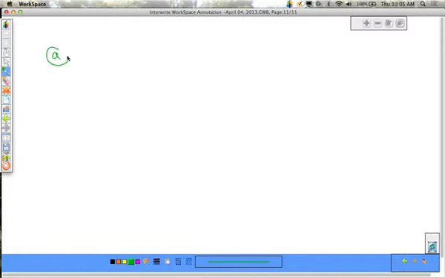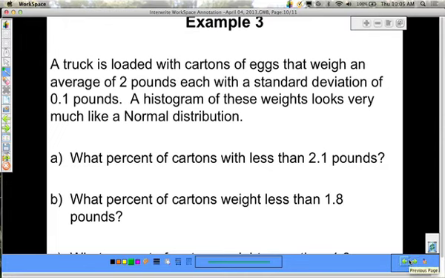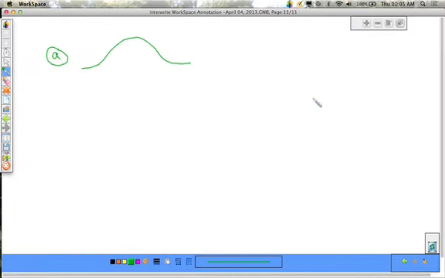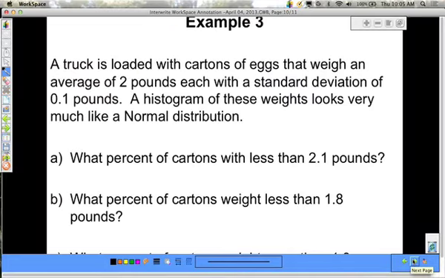So the first thing, we're going to draw a picture. So here's our curve. We know the mean is 2. And our standard deviation was 0.1. So we could go out our 3 standard deviations: 1.9, 2.1, 2.2, 2.3, 1.8. And we want to know what percent of cartons weigh less than 2.1 pounds.